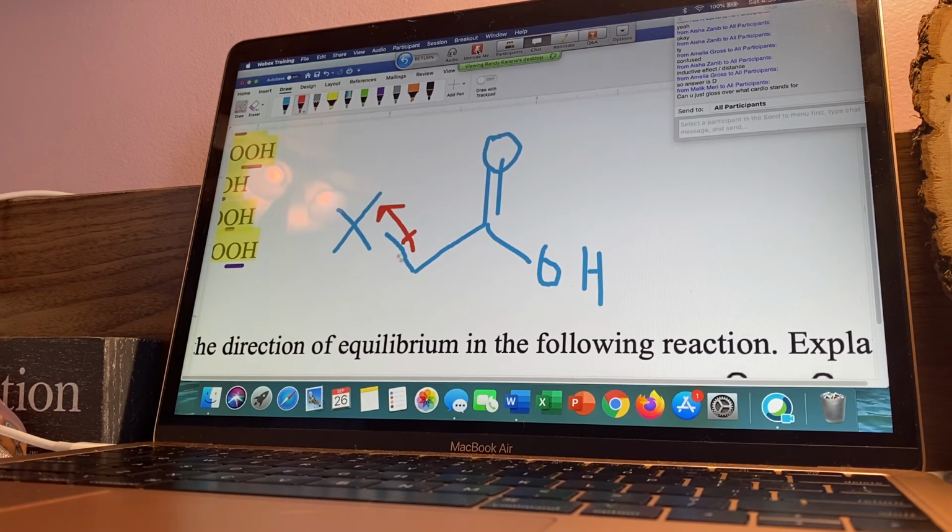So now this carbon is going to be a little bit deficient in electrons. If you have a carbon that's deficient in electrons, you kind of pull away from this carbon, and that kind of pulls from this oxygen a little bit. And if you're hogging these electrons, this hydrogen can leave more easily. That depends on how electronegative this halogen is.